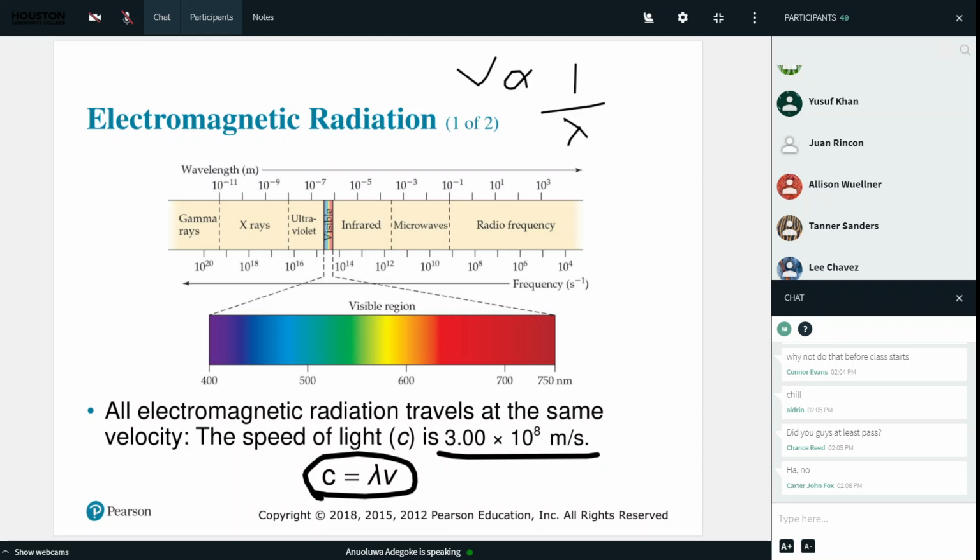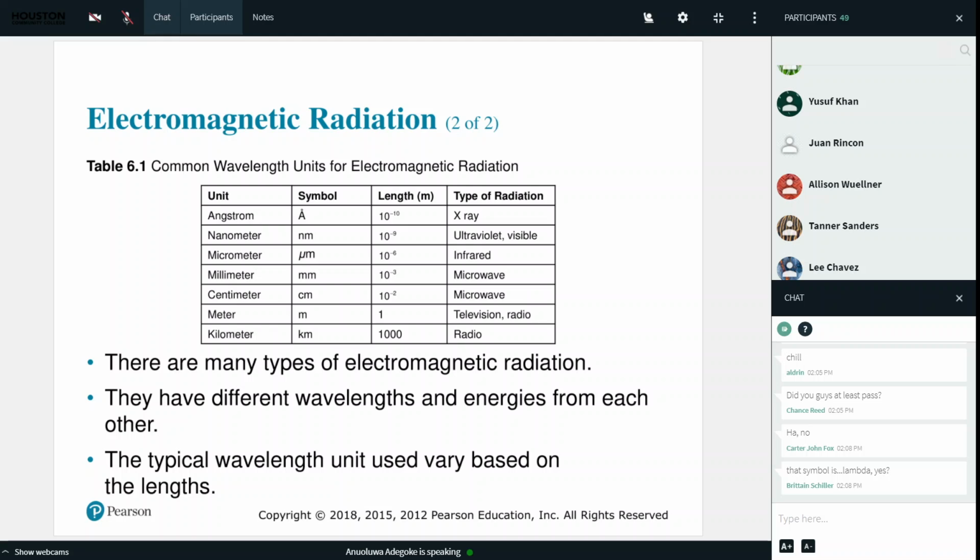We use this symbol that looks like v, nu, to represent frequency. Frequency equals c over wavelength, where c is the speed of light, 3.00 times 10 to the 8 meters per second.